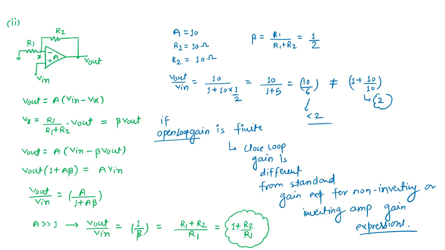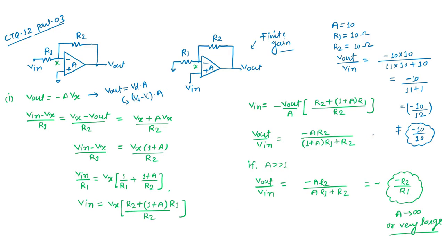Okay, here gain is finite, and the gain we are getting is less than 2. Here also, it is not exactly minus 1, but it is less than minus 1 in terms of magnitude.